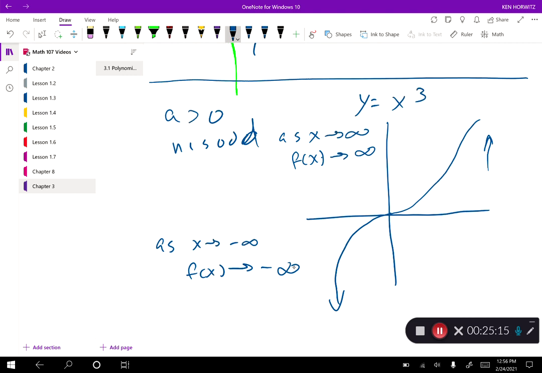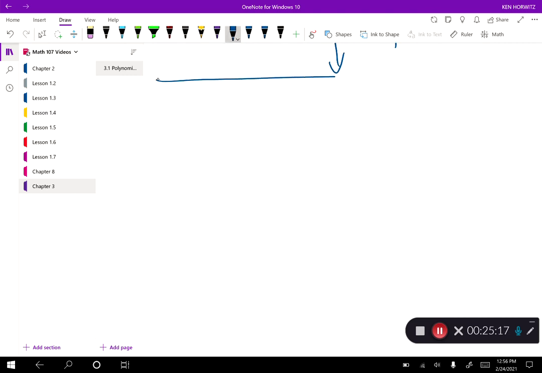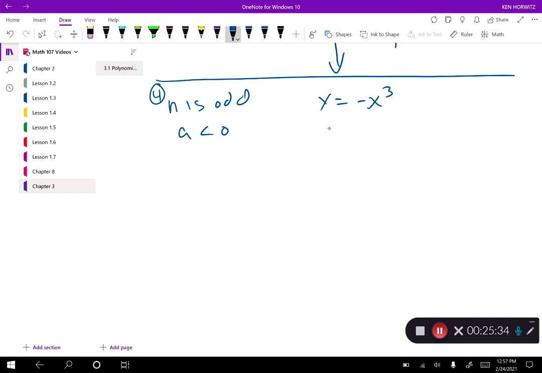And the last one, not least, the fourth category is n is odd, a is less than 0. Y equals negative x cubed. So I'm going to sketch a quick graph for a nice visual.